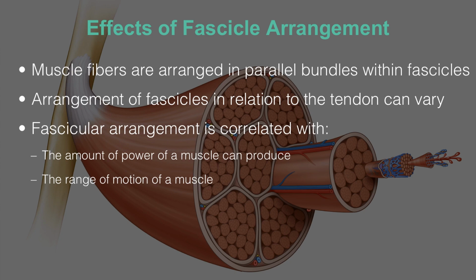The arrangement of the fascicles will allow you to shorten the muscle along those varying angles. They help to influence, or they create a range of motion for that muscle or about the joint. And they can dictate the amount of power the muscle can generate in a specific direction.